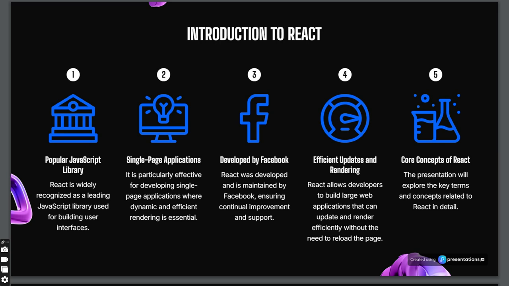React uses a virtual DOM to update only the parts of the page that have changed, making the app fast and responsive. React's one way data flow makes it easier to control and understand how data changes over time.